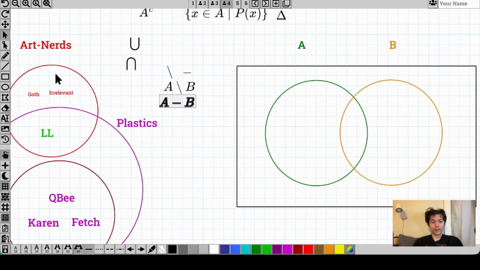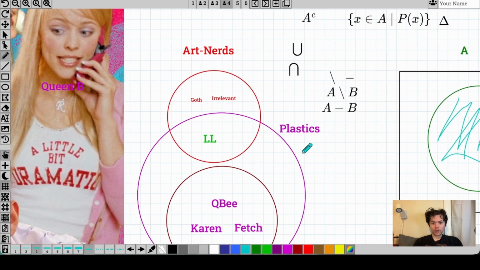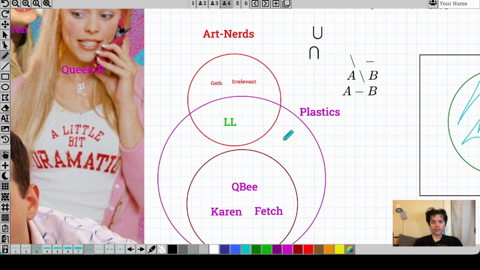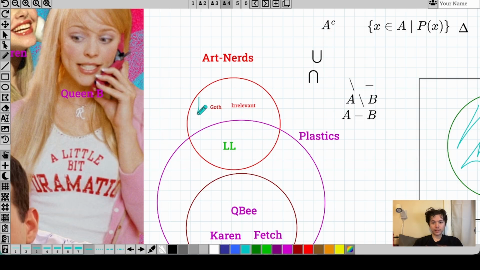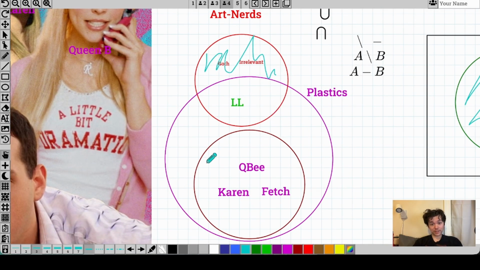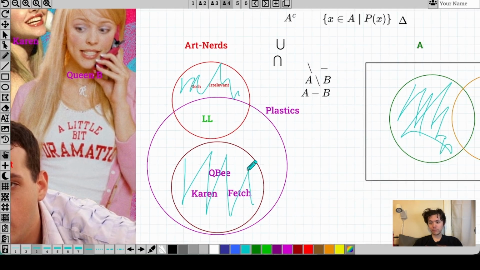And this is exactly the elements of A which are not in B. So it's exactly this area, not the intersection. So if you do the Art Nerds minus the Plastics, you get Goth and Irrelevant. And if you do the Plastics minus the Art Nerds, you actually get exactly the old Plastics before Lindsay Lohan moved into town.